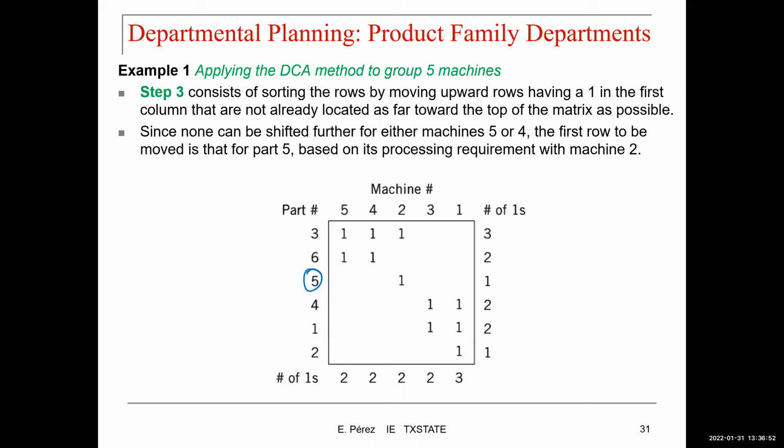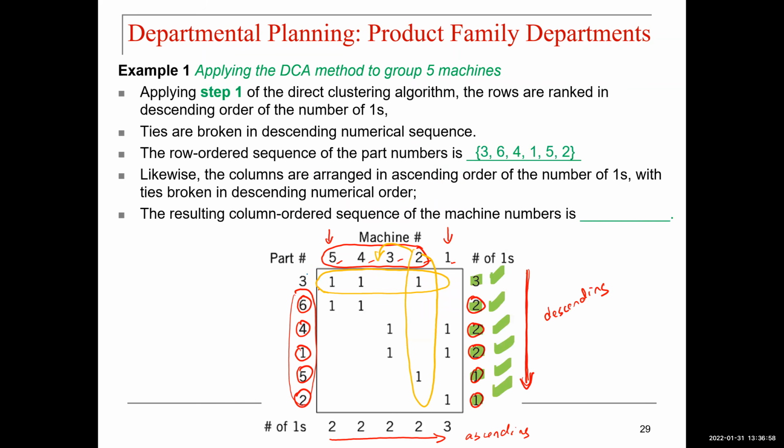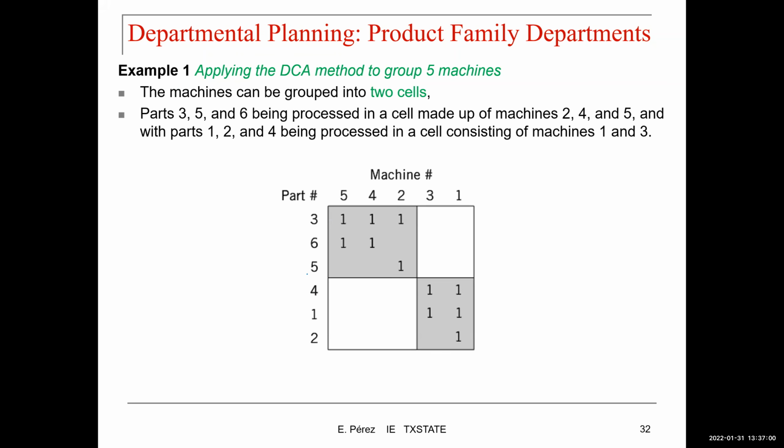Okay, so from this original matrix, we're able to identify 2 possible cells in which we can separate these 2 processes, and we can separate the cells and plan for the design of our department. So instead of having all these machines in the same location, we can separate them and place them as separate groups.